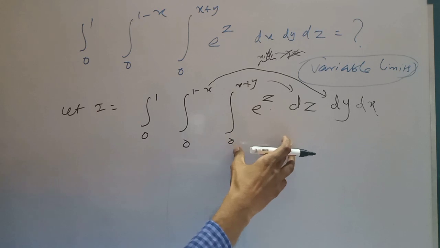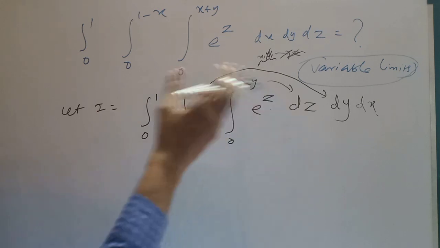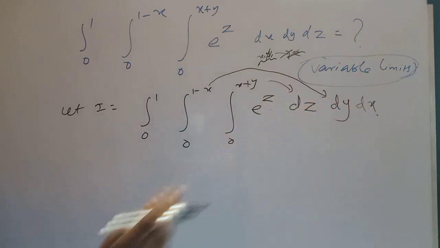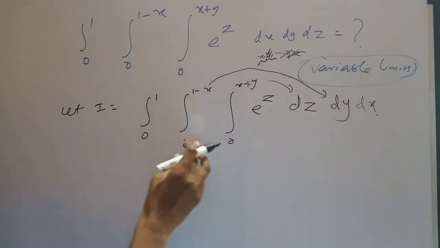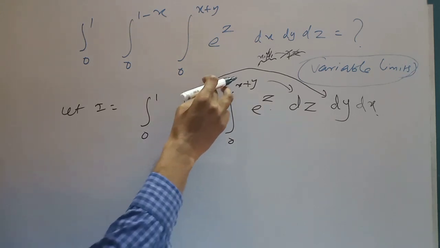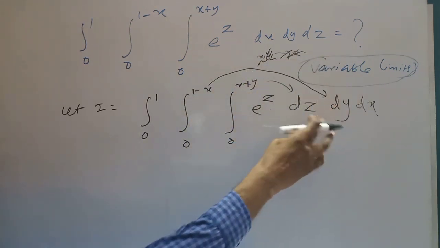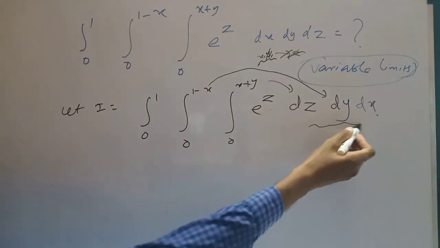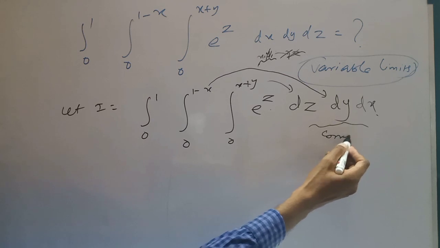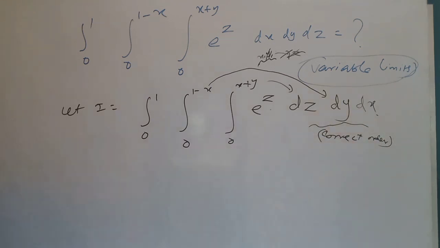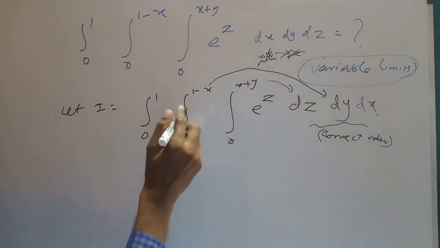After completing the innermost integration, the next limits are 0 to 1 minus x in terms of x, so with respect to y, then the last one is dx. So the correct order is dz, dy, dx.